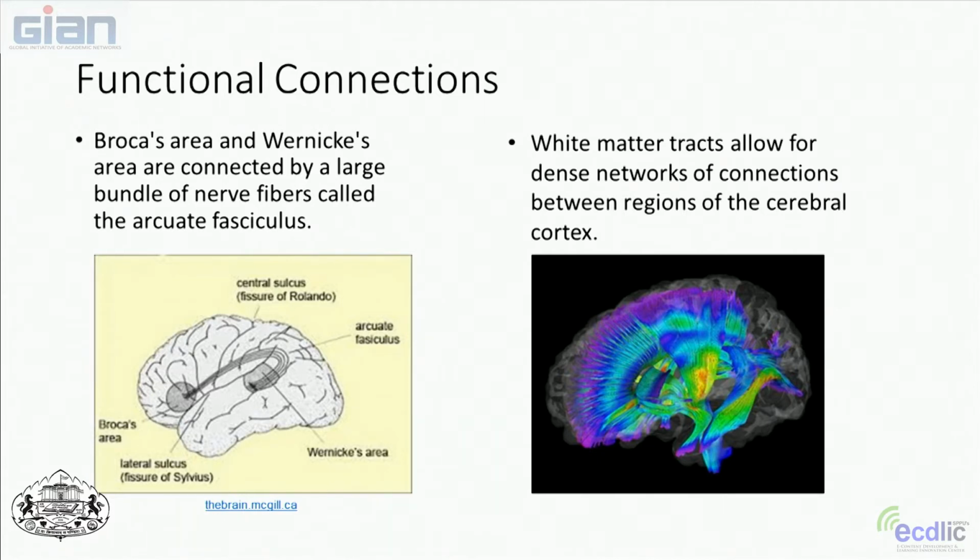These areas are connected by a large bundle of nerve fibers called, I think, the arcuate fasciculus. And you can see in the picture there, this depiction of the nerve fibers on the left that keep these two areas connected so that they can work very quickly together.